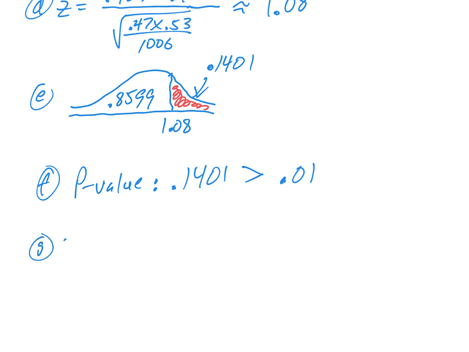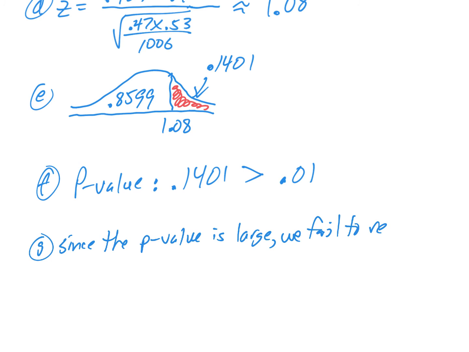And it looks like this. Since the p-value is large, comma, we fail to reject H naught.